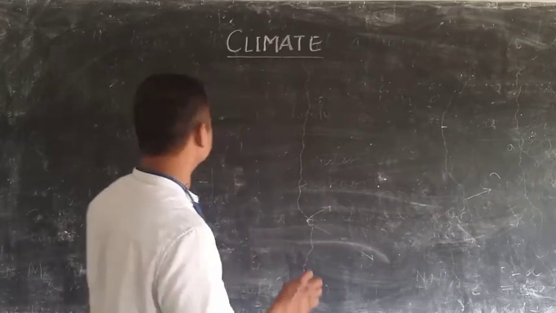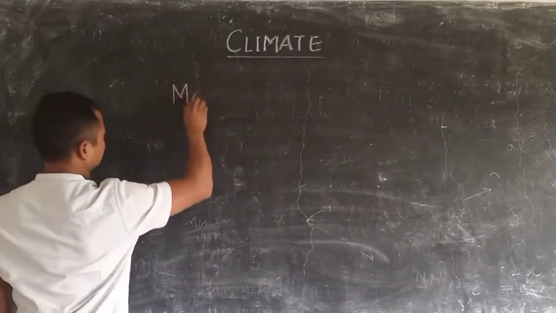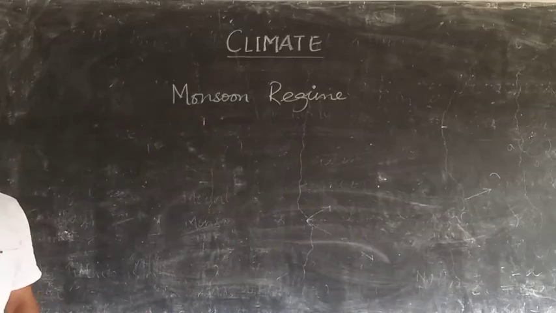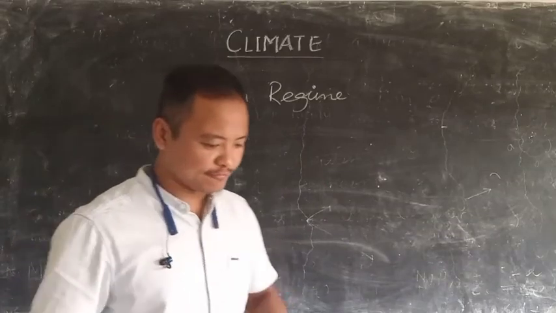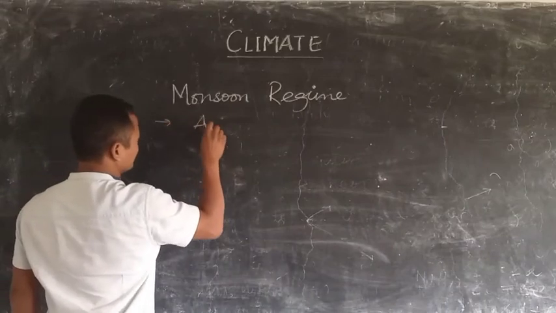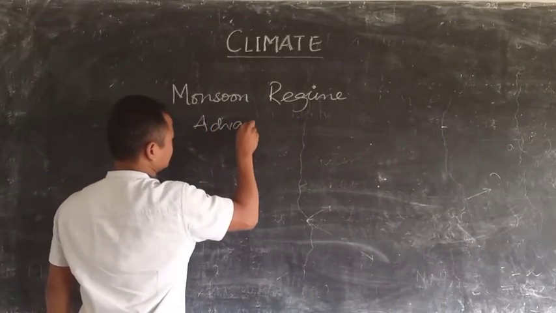The monsoon region is subdivided into four different phases. The first phase is the advancing monsoon.